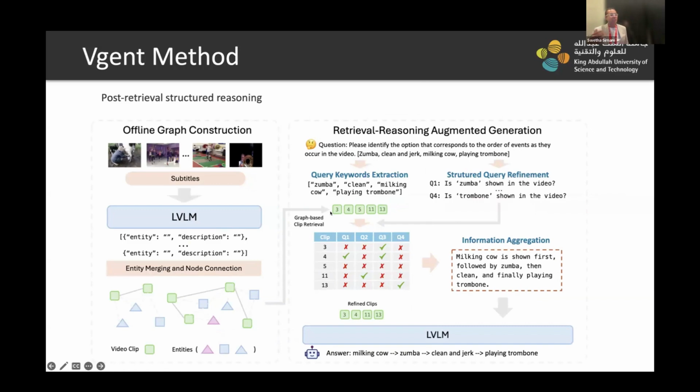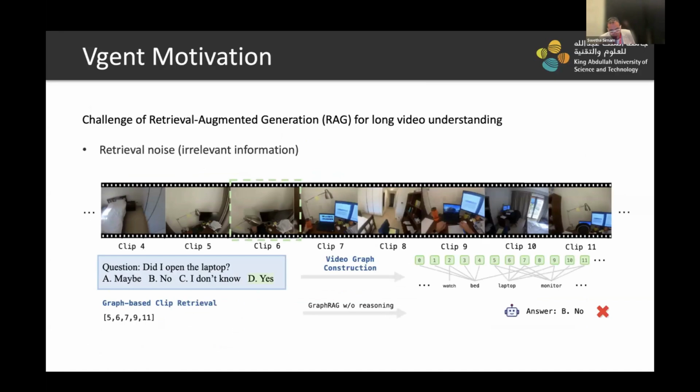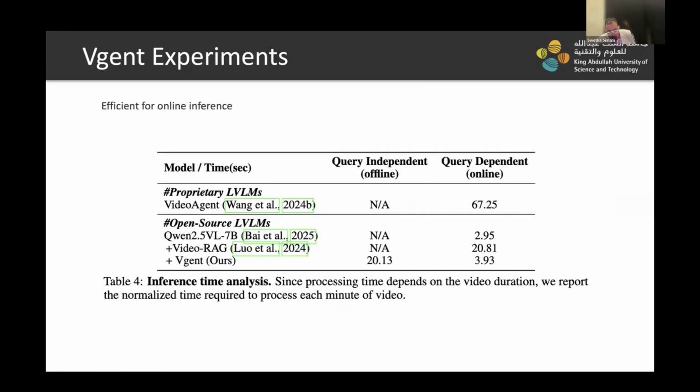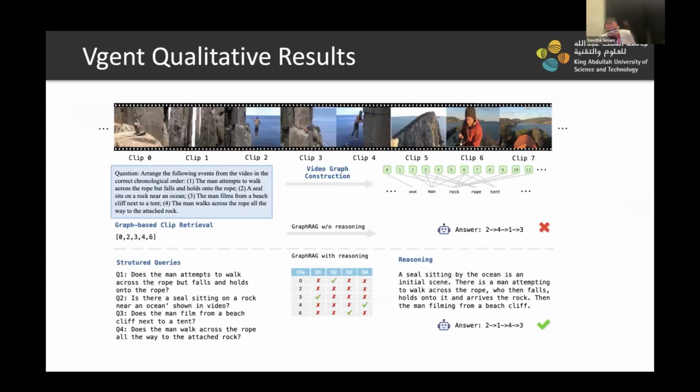we then ask the model agentically to ask questions for every one of the retrieved videos. So for example, you ask a question like, does the man attempt to walk across the rope, but fall and hold onto the rope?